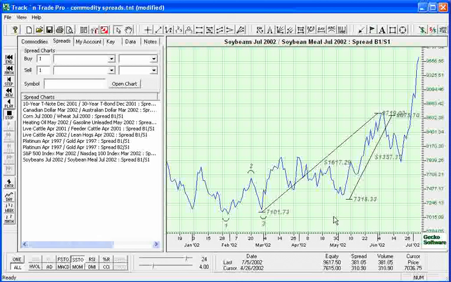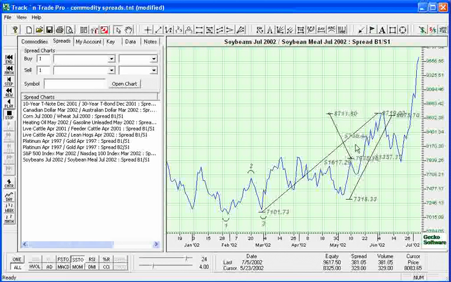And you can see on this one, this moves, and this is a processing spread. There's definitely a relationship between soybeans and soybean meal. Within a processing spread, you'd think that it wouldn't be as big, but look at some of these moves here.